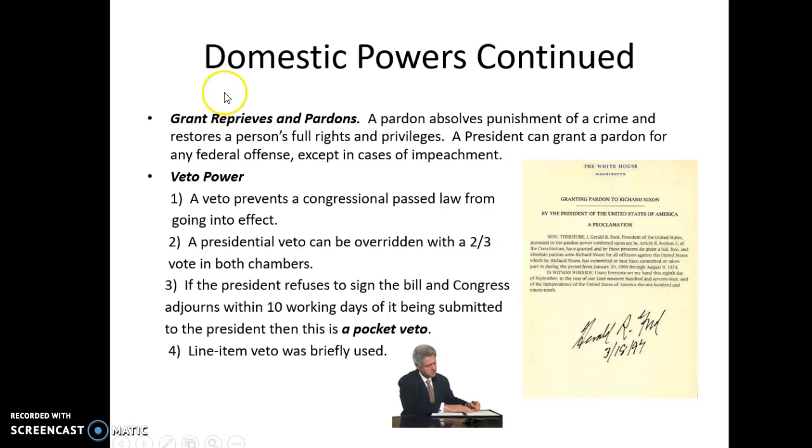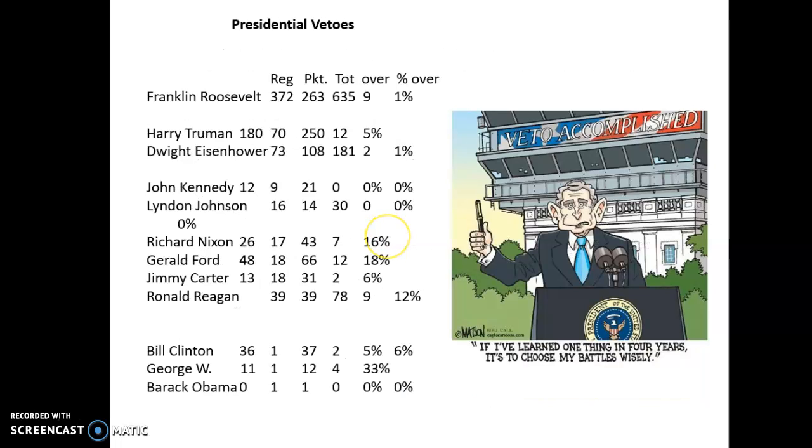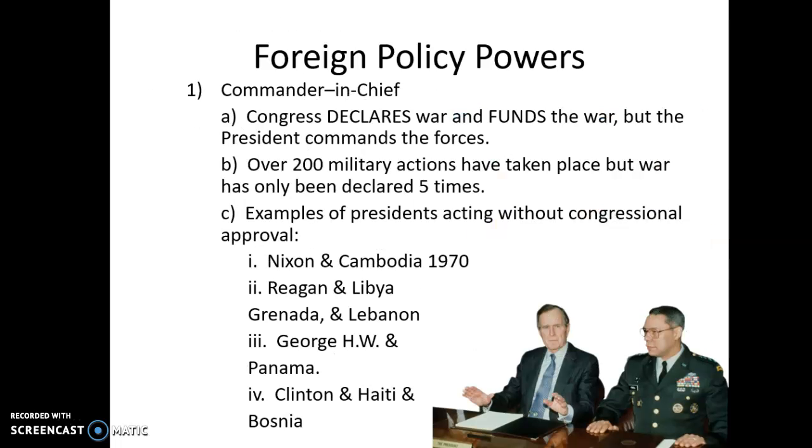Domestic powers continued, powers of the president to grant reprieves and pardons. We recently saw it with Roger Stone in terms of President Trump pardoning him. The president has a power to veto legislation. A veto prevents a congressional law passed from taking effect. A presidential veto can be overridden by a 2/3 majority in Congress.